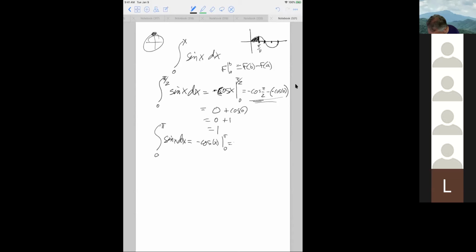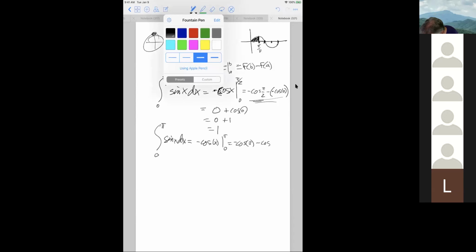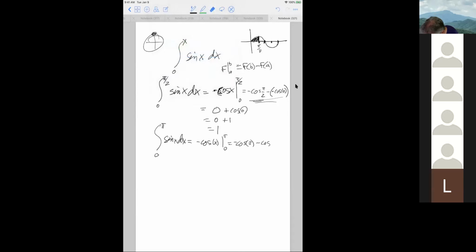So now I've got minus cosine of pi minus negative cos of 0. It's crucial that you have the minus, keep track of your negatives. I was stressing there and I almost went away from it.